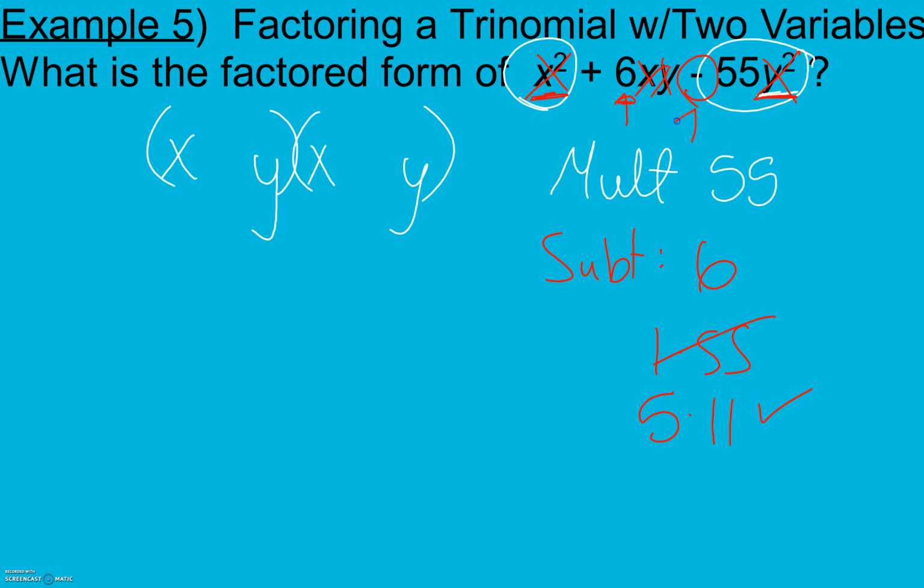So because we subtracted here, we found the difference, so our signs are going to be different. And we always give the sign in the middle to our bigger number, which here is 11. So since the middle term is positive, 11 is going to be positive, and 5 will be negative. So our factored form here is x minus 5y and x plus 11y.